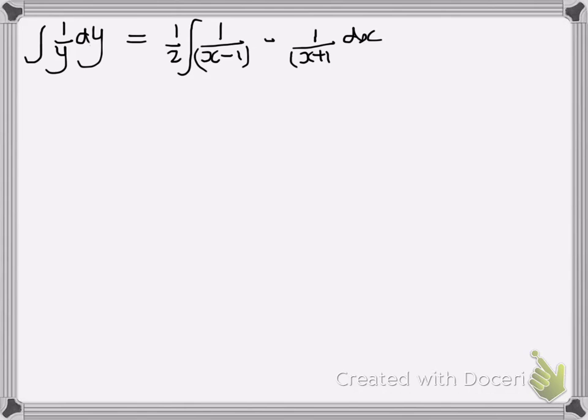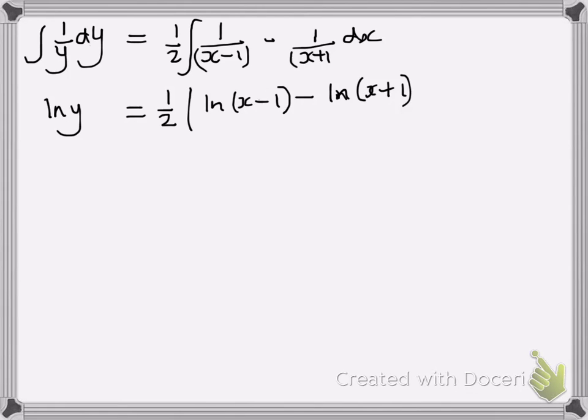So now I can start integrating. So here I have ln y is equal to a half times ln of x minus 1 minus ln of x plus 1 plus some constant c.